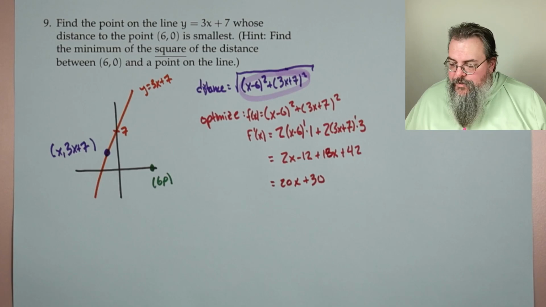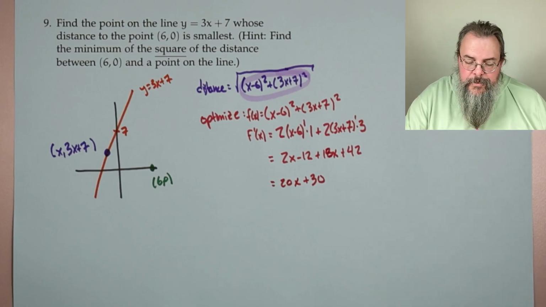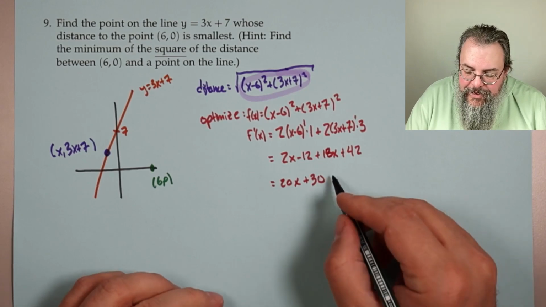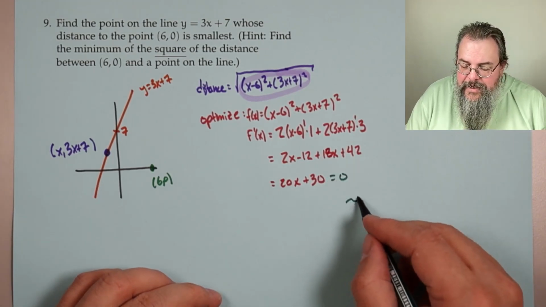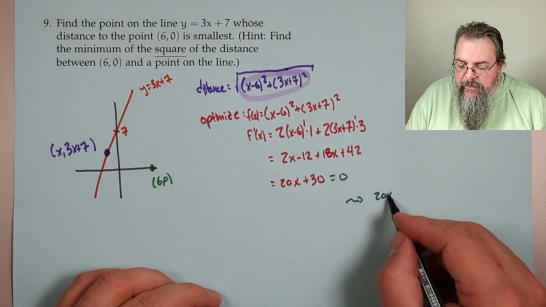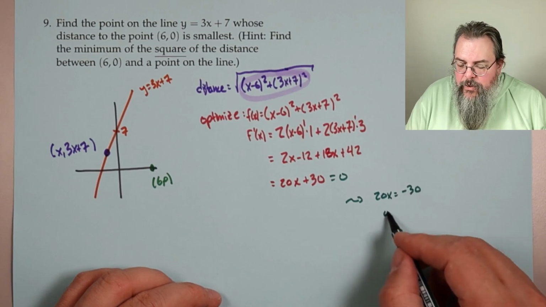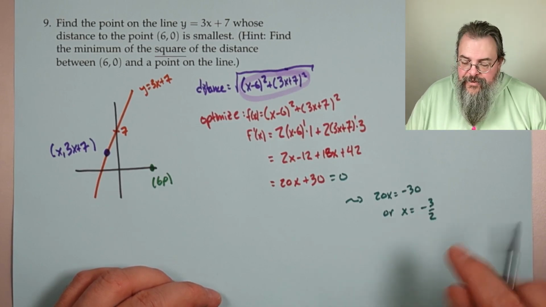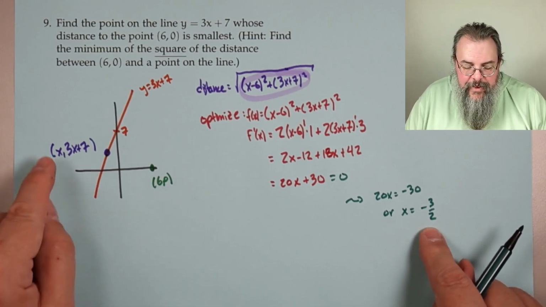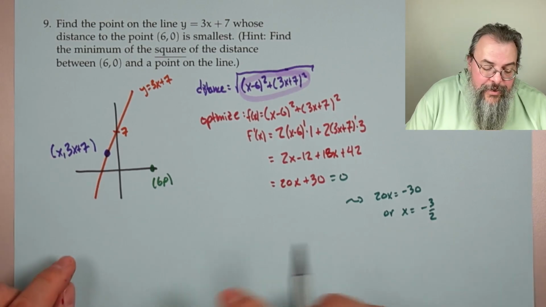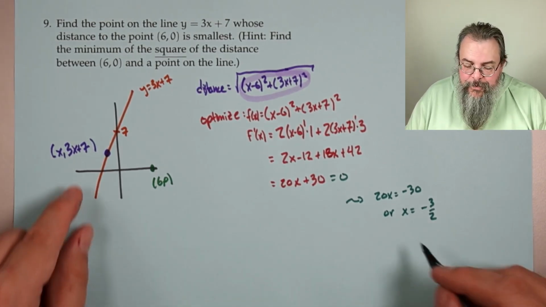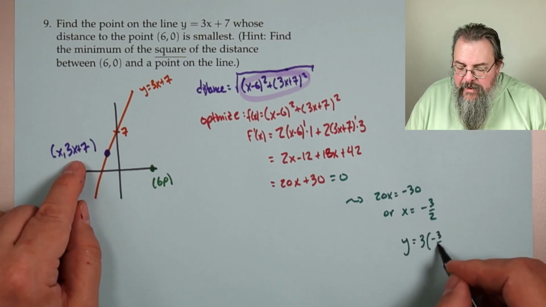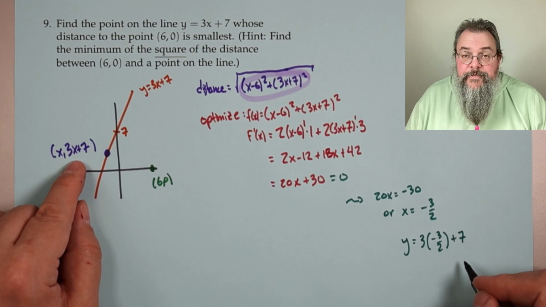Well, so what are we going to do? We'll set it equal to 0. Okay, so when does this equal 0? Aha, that's the same as saying 20x is negative 30, or x equals negative 3/2. So that tells us our x value. Great. How do we get our y value? Well, y is 3 times x plus 7.